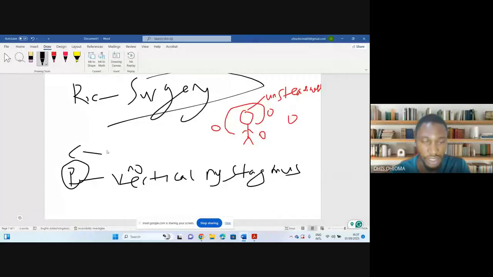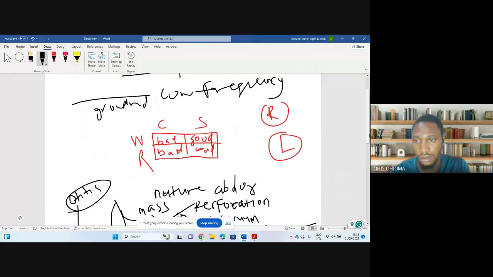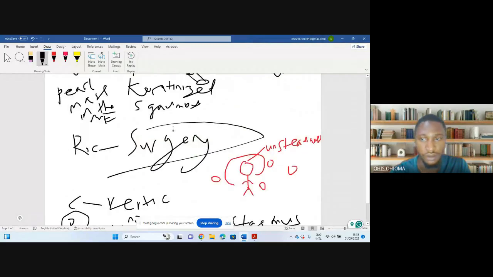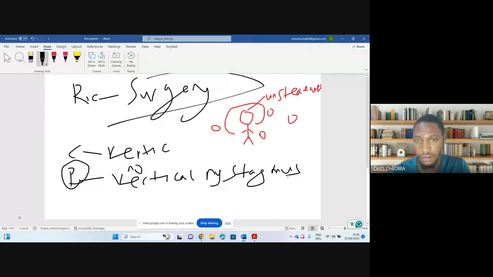The central has vertical nystagmus. So that's the first key difference between both of them, right?